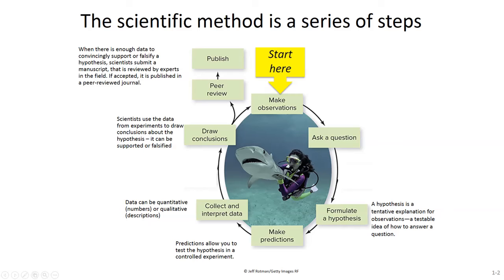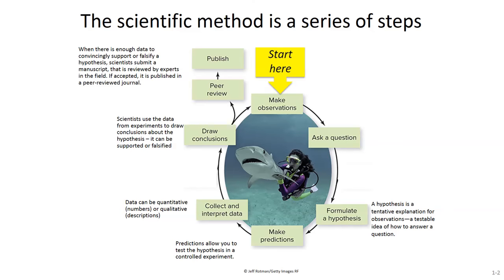But it's a little more complex than that, because this possible explanation has to be testable. We have to be able to do some sort of experiment and figure out if we're right. Another feature is that it has to be falsifiable. That means it can be proven false or incorrect, or it can be proven true. So either we're right or we're wrong.